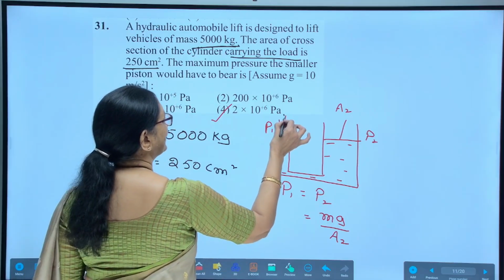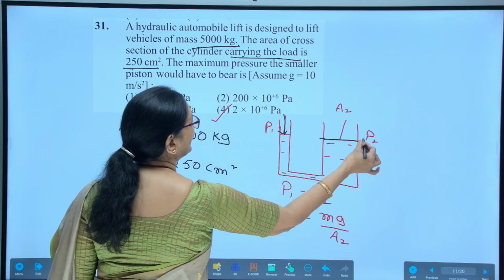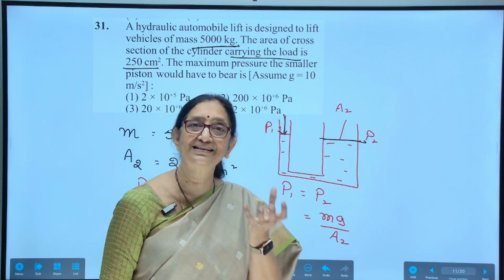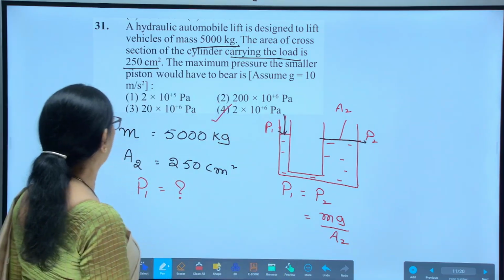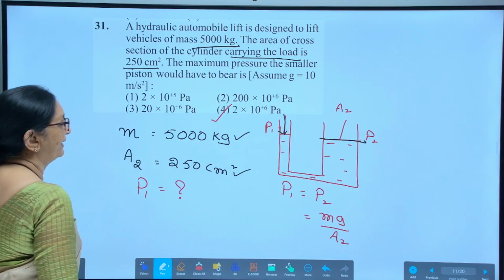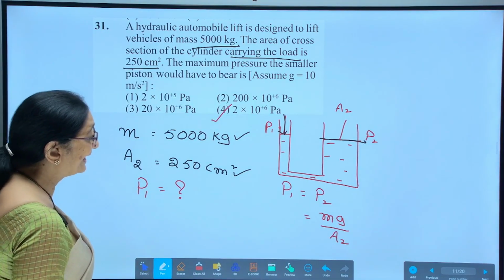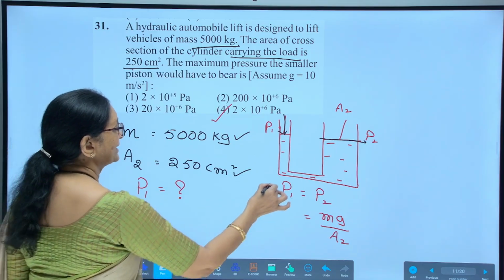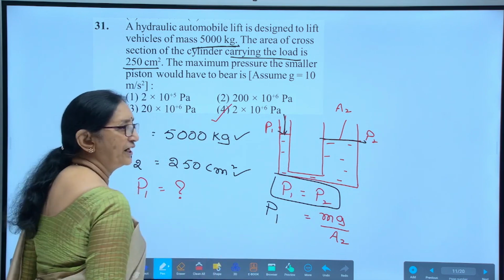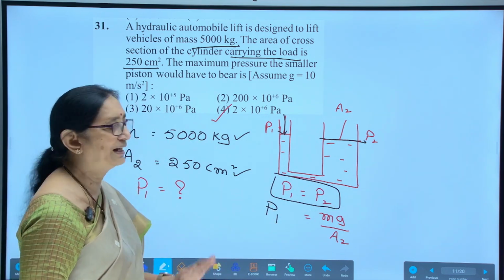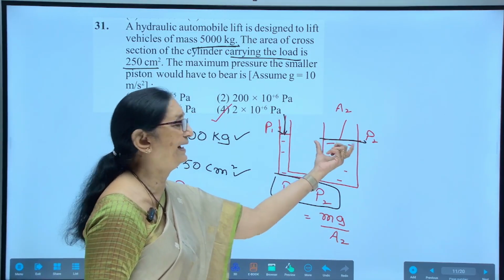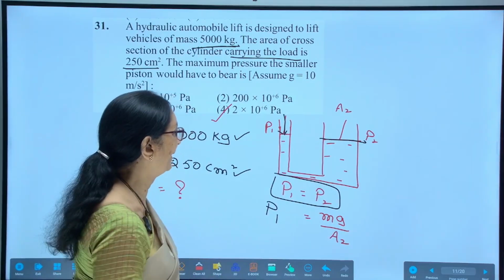So, pressure exerted on the smaller is exactly equal to the pressure exerted on the wider one, which is supporting the load.